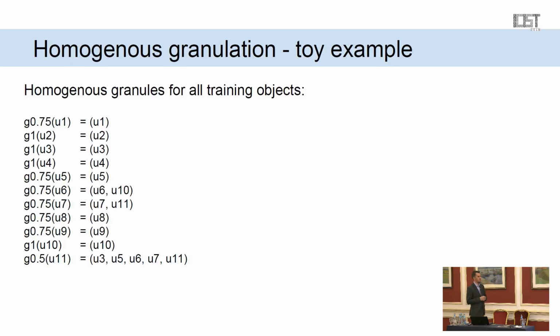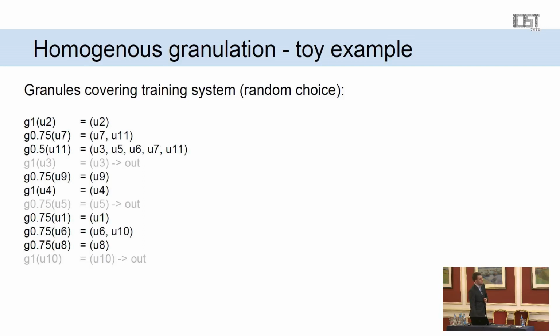When there are more similar objects, the granule can contain many other elements. Then we are building the covered data set, but by random choice. So the number of granules currently here can be in a much different order. So this is not deterministic. And number 3 is already in.